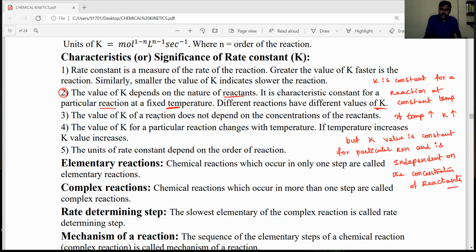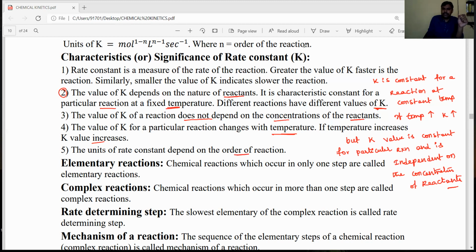The value of K of a reaction is independent of the concentration of reactants, and the K value of a particular reaction changes with changing temperature. If temperature increases, the K value will increase. Okay, and the units of rate constant depend on the order of the reaction.